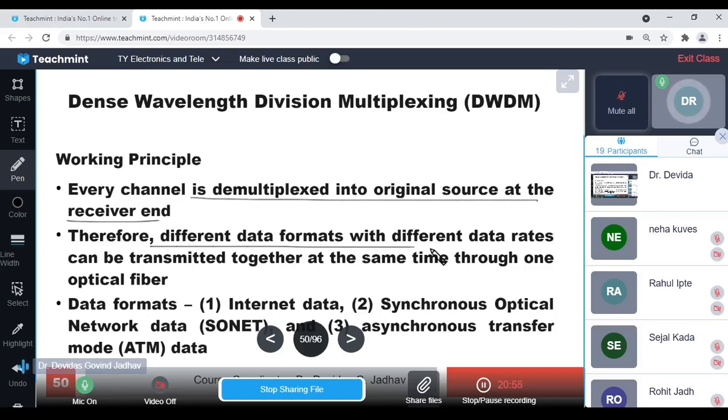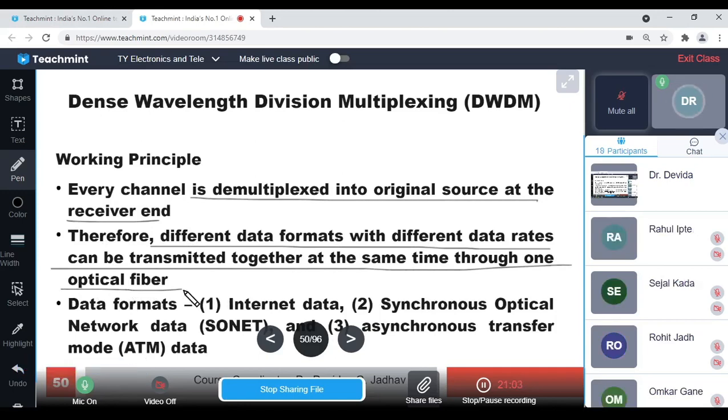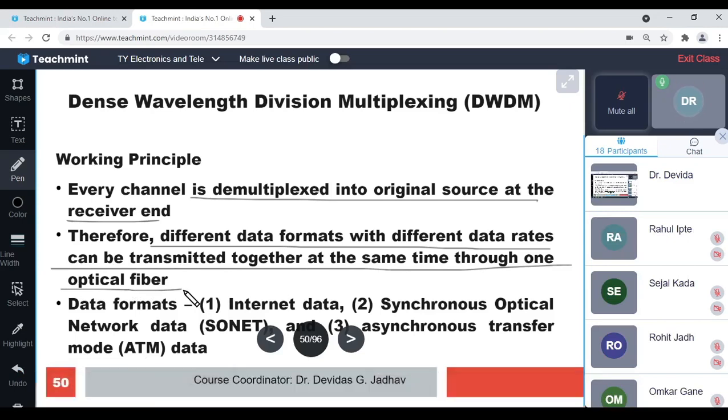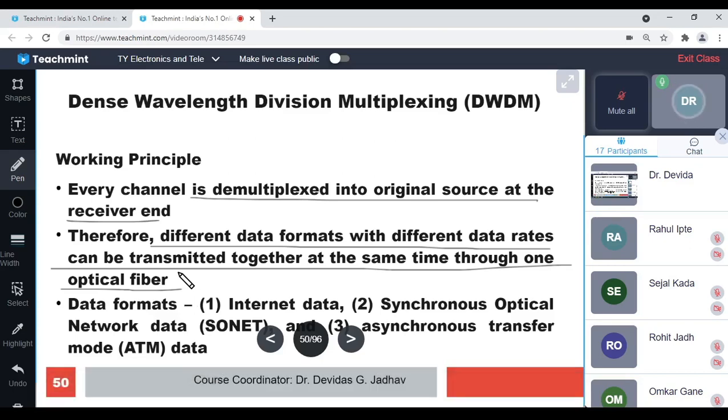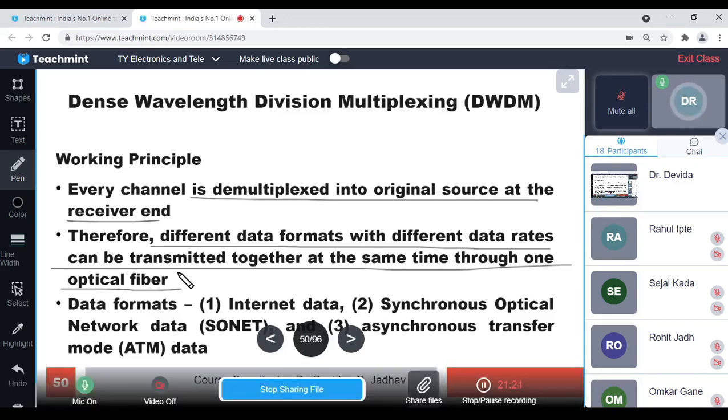Therefore, different data formats with different data rates can be transmitted together at the same time through one optical fiber. So different data formats, different data types, different data rates, all can be clubbed together, and it is possible to transmit them at the same time over the channel.